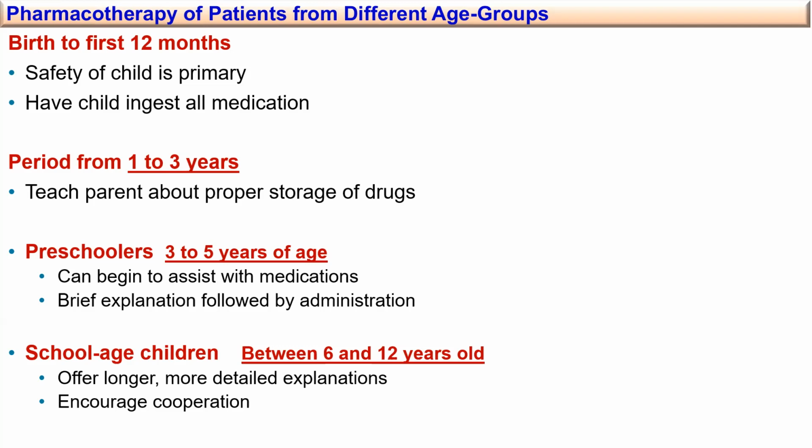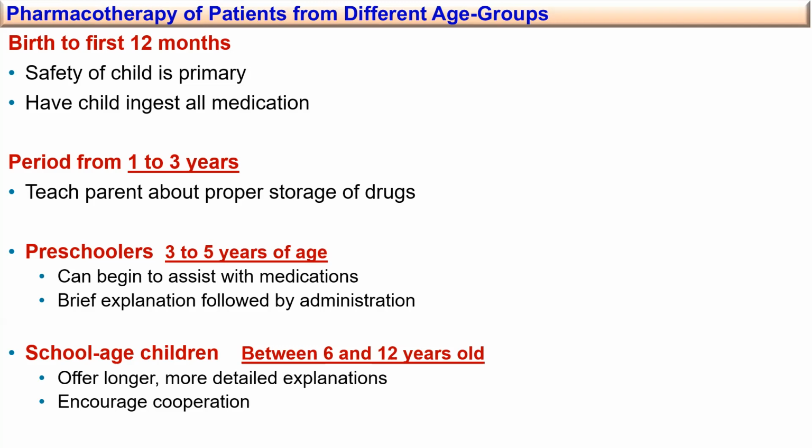Period from 1 to 3 years. So you give the toddler short, concise explanations, and provide comfort after that.